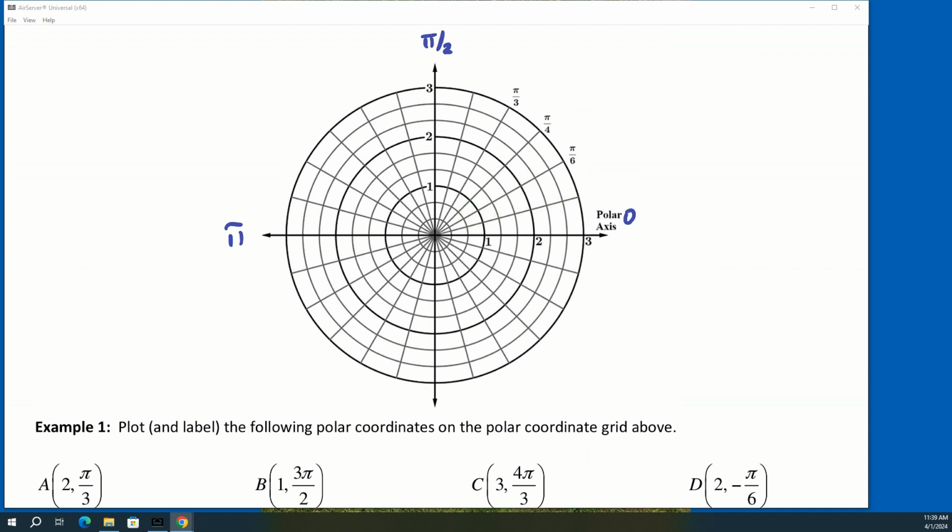It's not really a special angle that we've been talking about. That says 3 pi over 2.